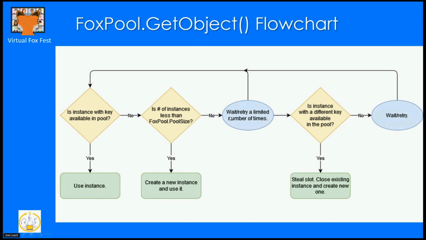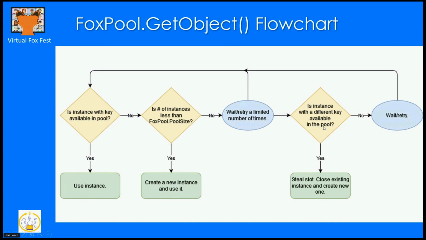If the answer is no, we're going to have a small delay, and then we're going to go through that process again. But we're going to do it a limited number of times. If after that limited number of times, we still aren't able to find an instance to use, we're going to take it a step further and say, is there an instance with a different key waiting in the pool? So I'm trying to find, this is a Northwind request.